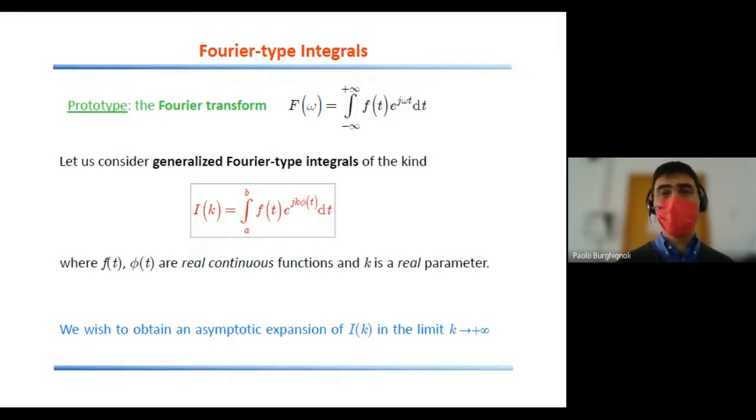So we are interested in finding some asymptotic expansion of this integral seen as a function of the parameter k, so the function I of k in the limit where k goes to infinity.